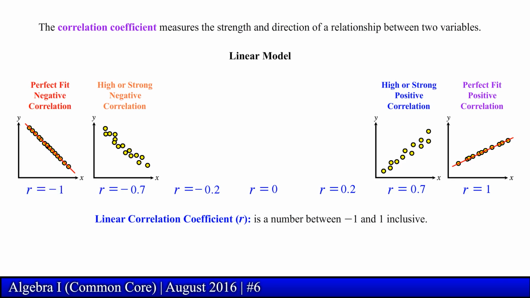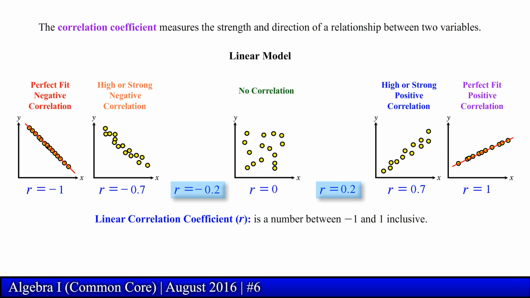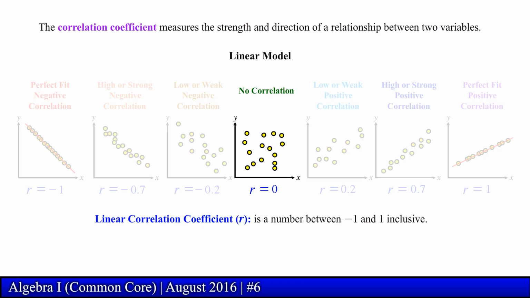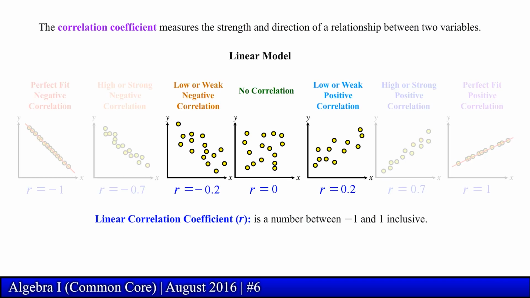Very rarely do linear models have an exact R value of +1 or -1, and will usually have values between -1 and +1. If R happens to be equal to 0, then there is no linear correlation, or if it is very close to 0, then we say that the data has a weak linear correlation. For example, the data can be random or have a nonlinear relationship between the two variables x and y.